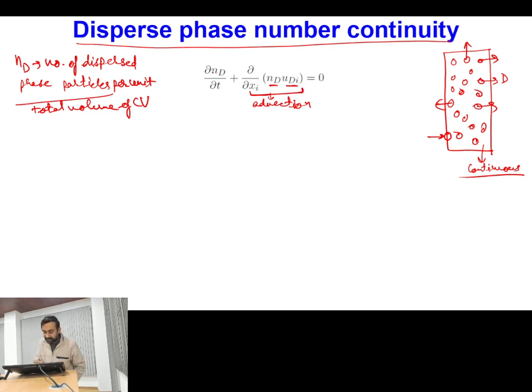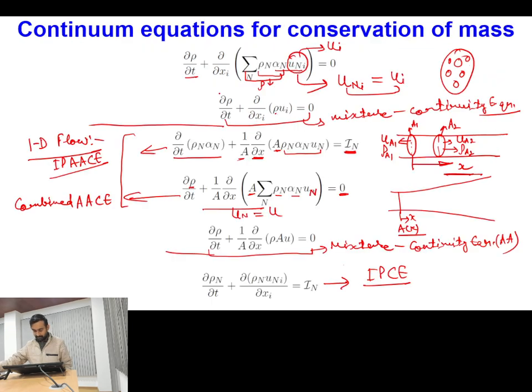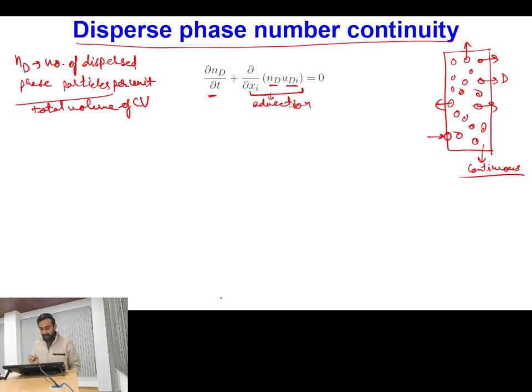And this is the net number which is changing within the control volume with time. With time, there can be formation or collapse of a few particles. Is this point clear? So that's why this is my number continuity equation for a dispersed phase.